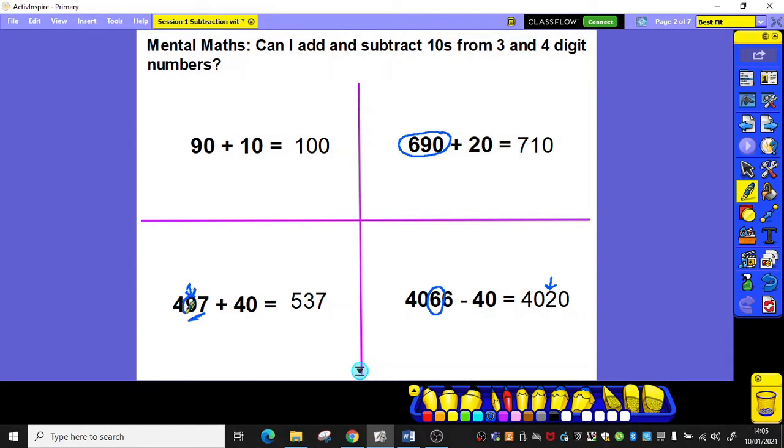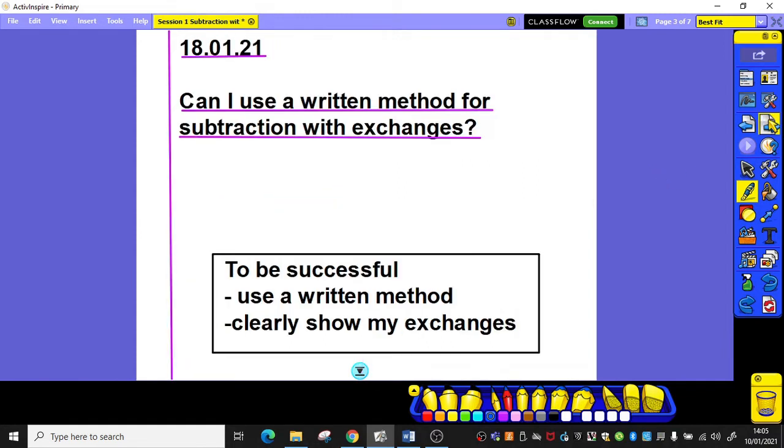At the minute, I've got 9 tens. If I add one more 10, it's going to take me to 507. From there, I could add 3 more tens, and that would take me to 537, so having added 4 tens in total. And those types of strategies, obviously, we'd like you to be doing in your heads.